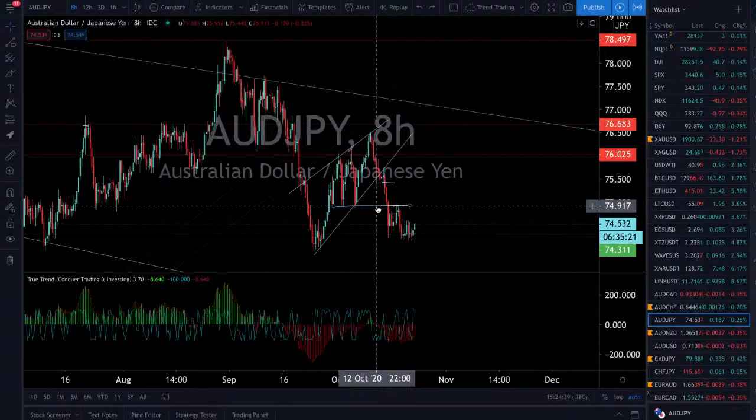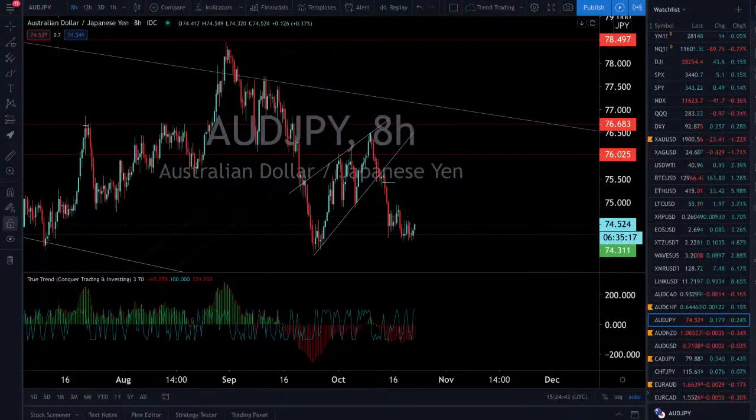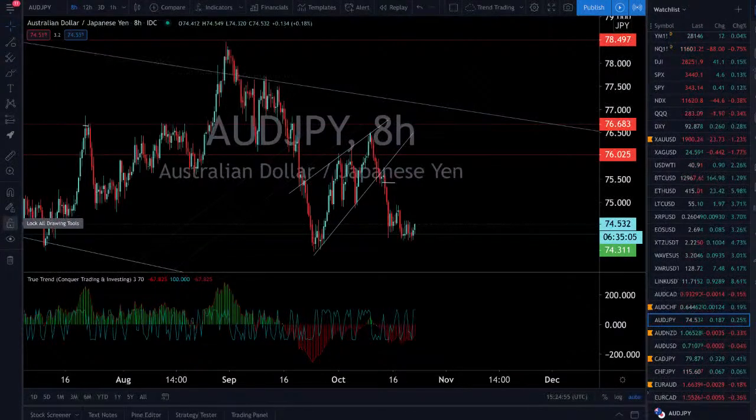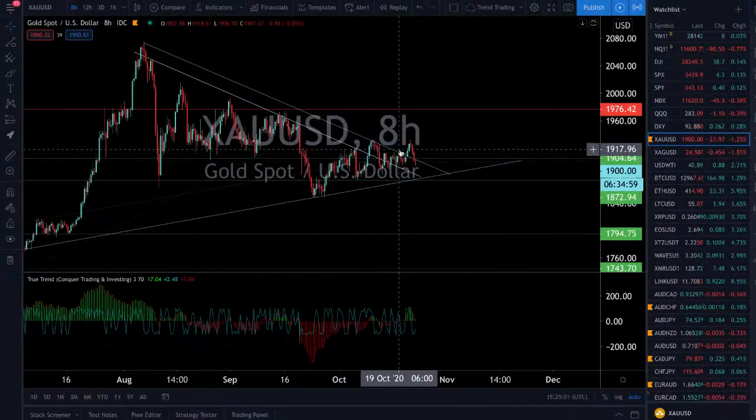And also, I completely agree with Shane on that. Listen, if you have this mindset, which is necessary, look, if you're not sure about a trade, get out. You could always re-enter. That's where I've been on gold. I'd rather enter when it proves itself.